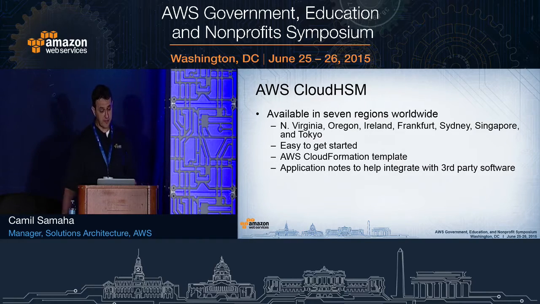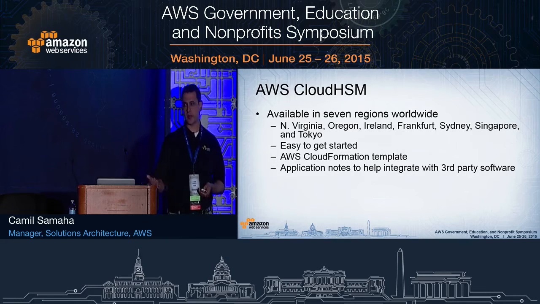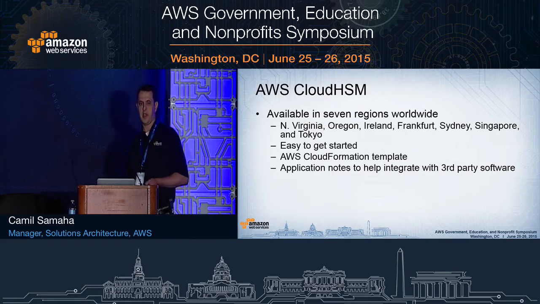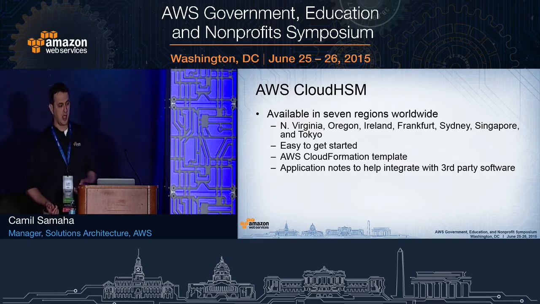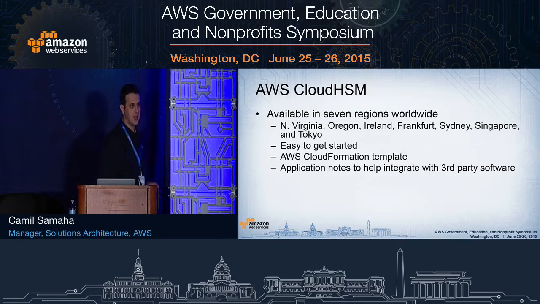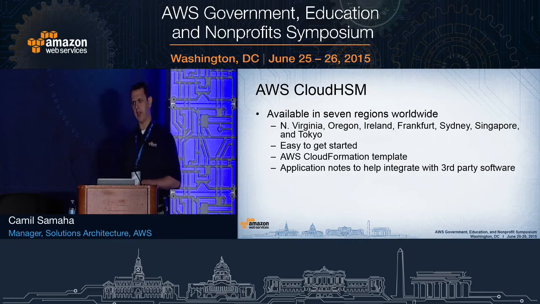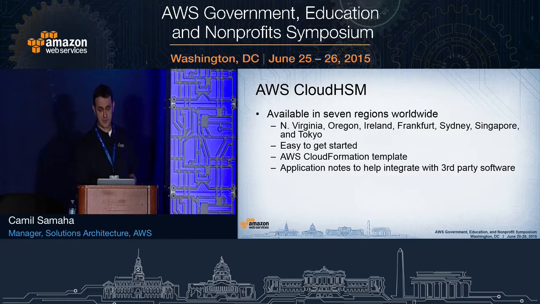And we also provide several application notes to help you integrate with third-party products like Oracle databases or Microsoft SQL Server, or EBS Volume Encryption with the SafeNet ProtectV, and it also integrates with Linux Apache. We have notes on that to help you get started.